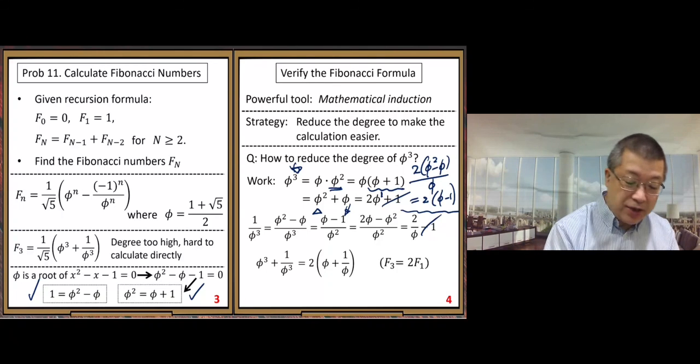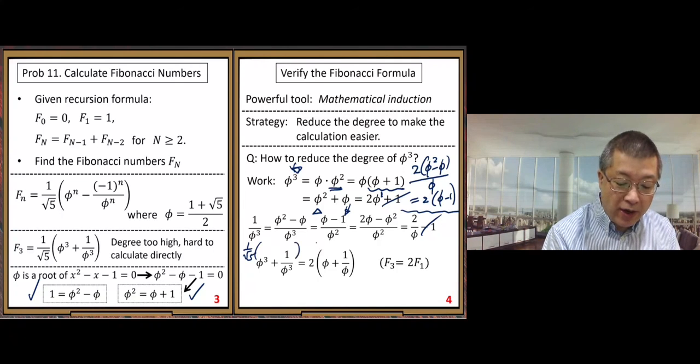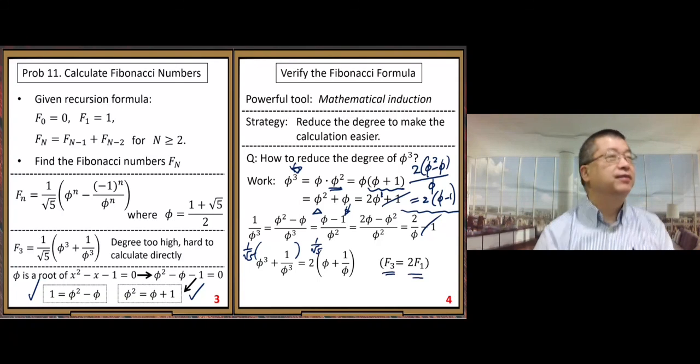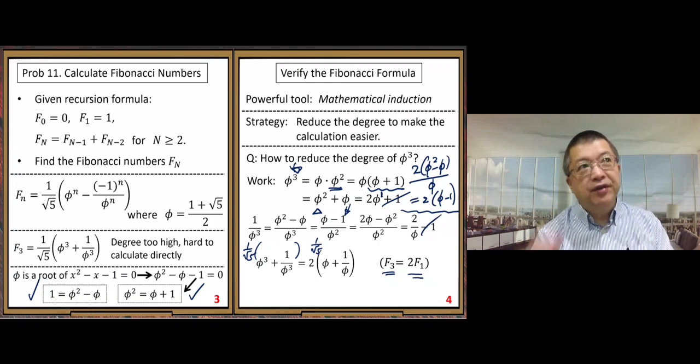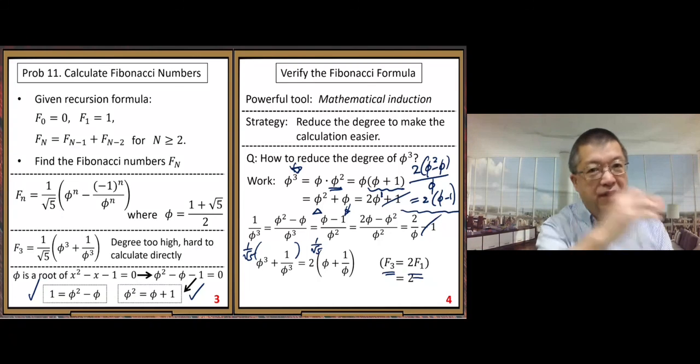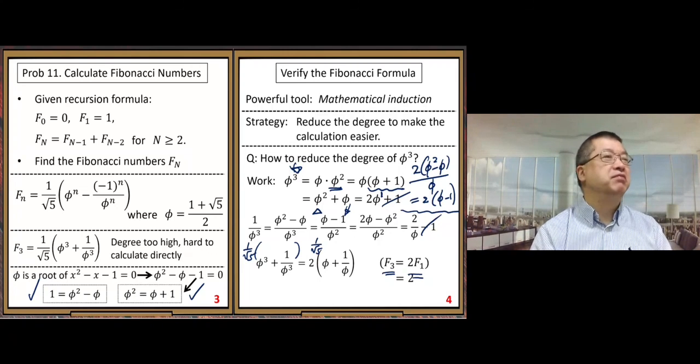Because if we multiply the left-hand side by root 5, and the right-hand side also by root 5, on the left-hand side we get phi 3, on the right-hand side we get 2 phi 1. So we get phi 3 equals 2 phi 1, that is 2. So you can see another verification like this.